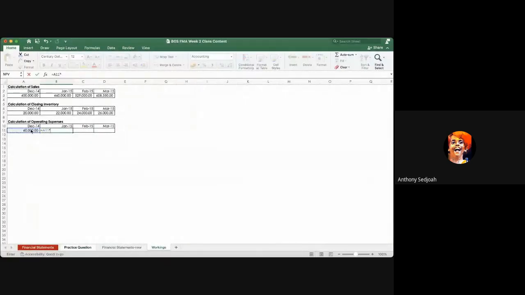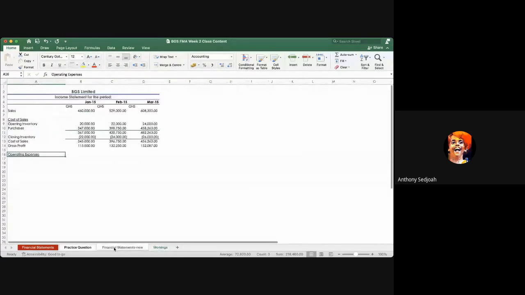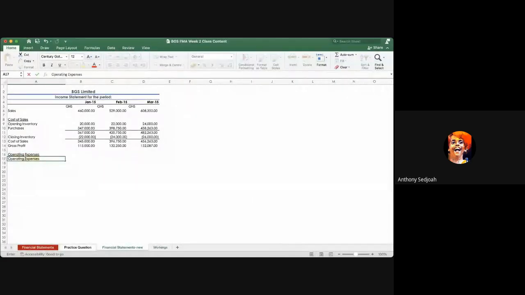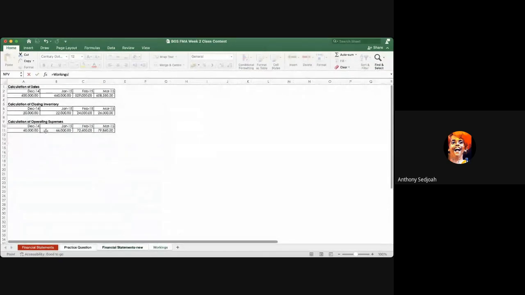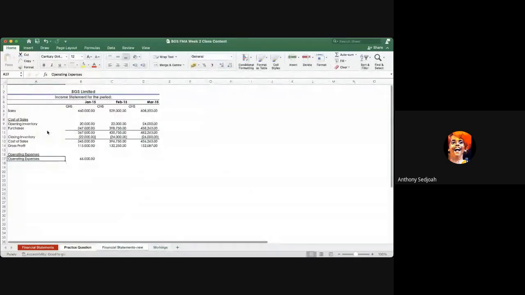So this times 110%. So it is 66,000 for January, 72,600, and then 79,860. So operating expenses. Let's reference those cells, and I can drag to the right to get the remaining.